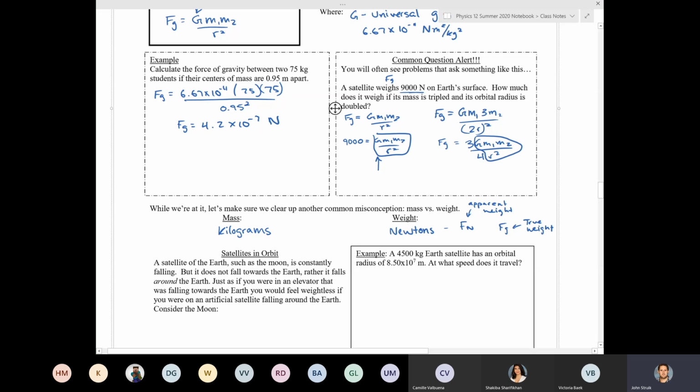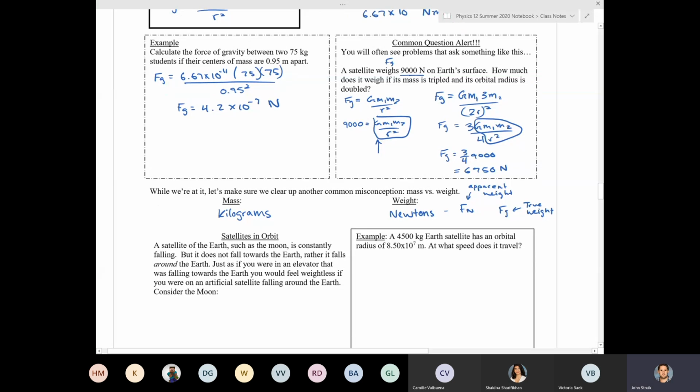And so the new Fg will be 3/4 times 9,000, because it's just a relationship between the two. So 9,000 times 0.75 is 6,750 newtons. So for the new weight, you don't have to do it over again. You can just use a relationship between how the two change.